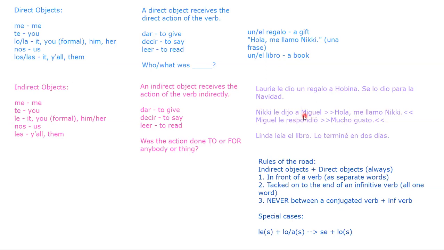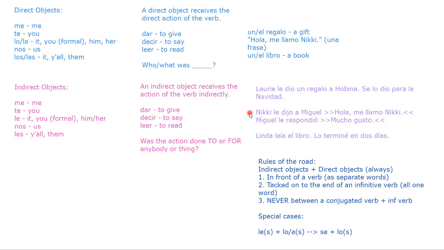And again, Miguel is a third person, so he's not you or me. So I'm going to go over here. I'm going to pick le for him. And now I've got Nikki le dijo a Miguel. Again, a really literal translation might be Nikki to him said to Miguel, and we wouldn't say that in English, but in Spanish, we do. It's consistent. Nikki said to Miguel, hola, me llamo Nikki.